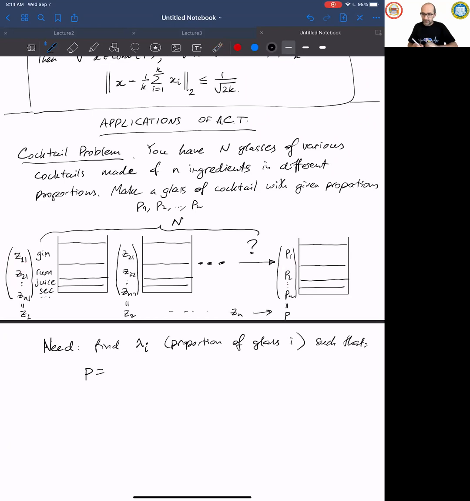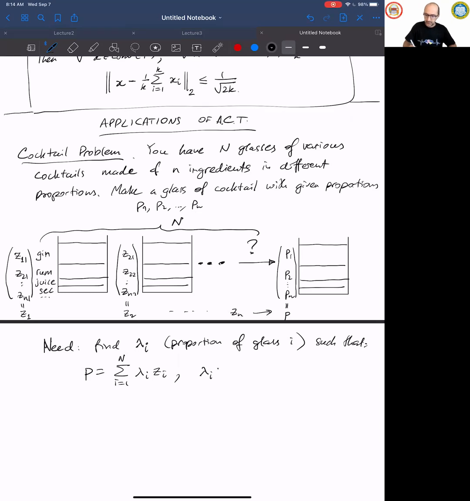If we write it as a vector, it's just the sum of lambda i Zi. Clear? In vector notation, you're just mixing the cocktails Zi with proportions lambda i, and you get the new cocktail P. So that's all there is to this equation.